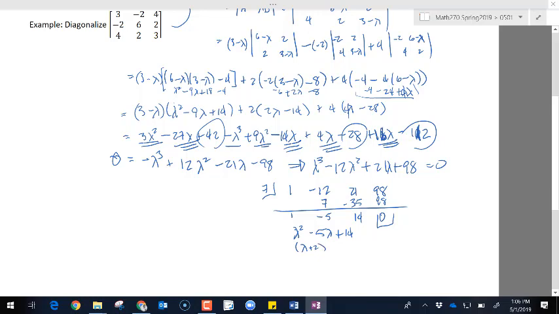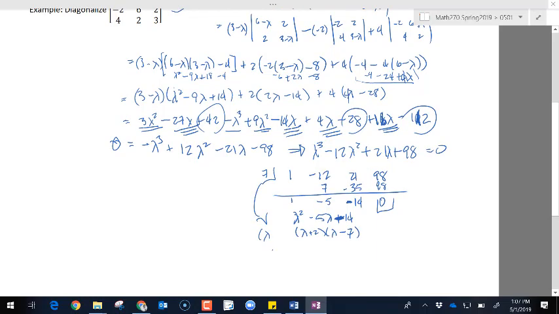So this is a minus. Whoa. So plus 2, negative 7. So then you have lambda minus 7, so those are your eigenvalues, 7, 7, and negative 2. 7, 7, negative 2.